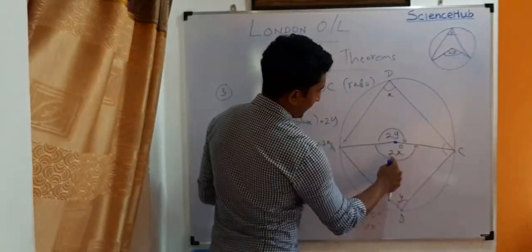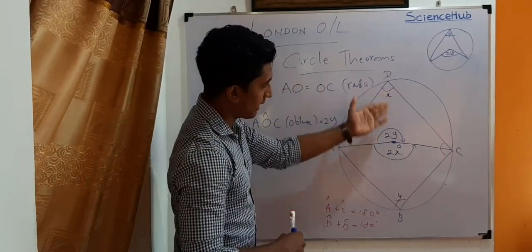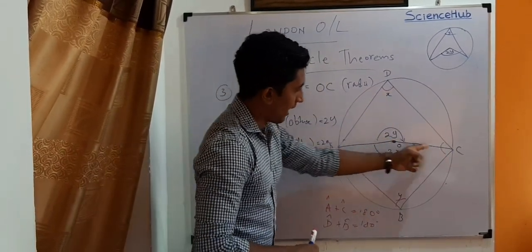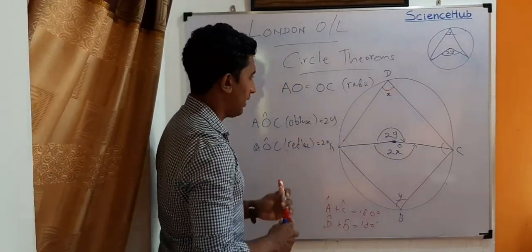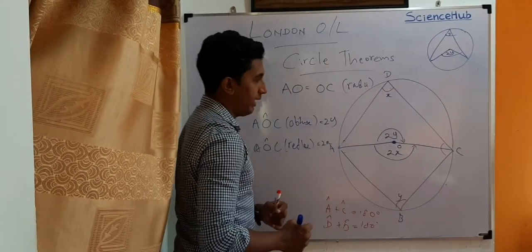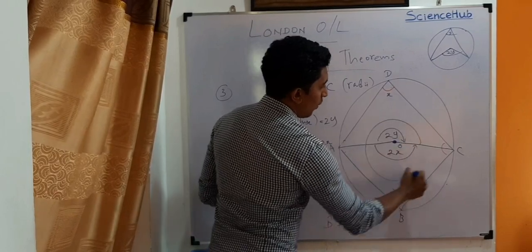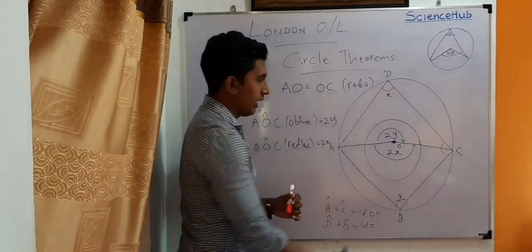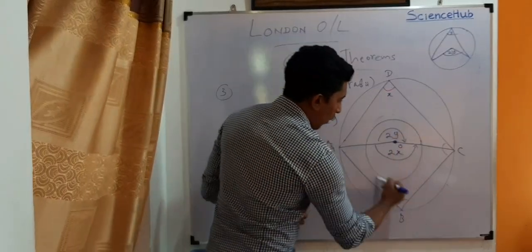This is 2x because this one is x, this one is x, and this angle should be 2x. Then 2x plus 2y means a whole circle.